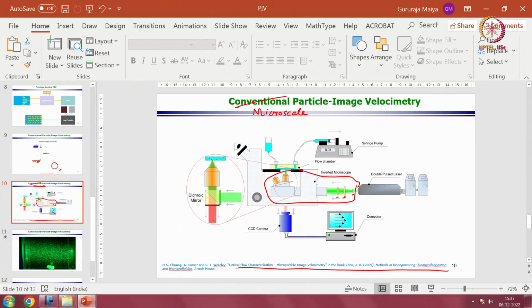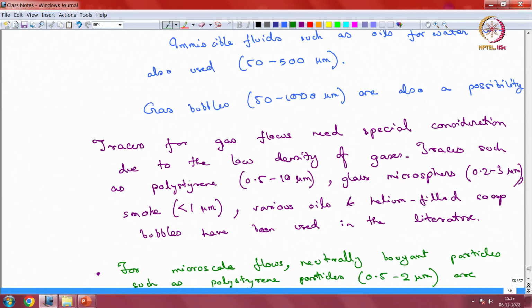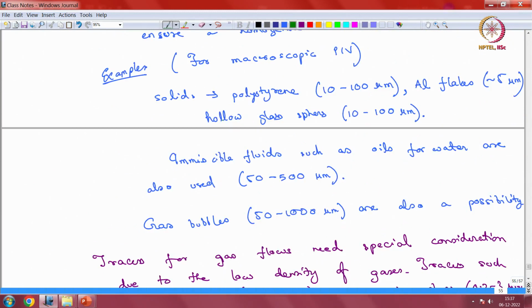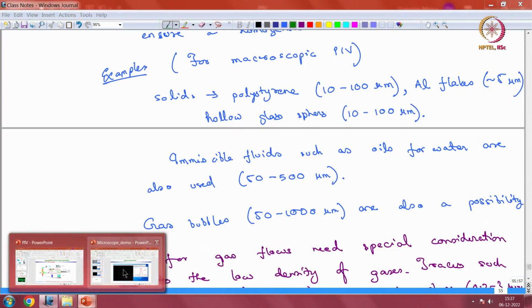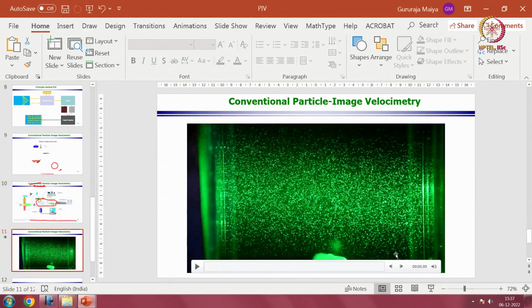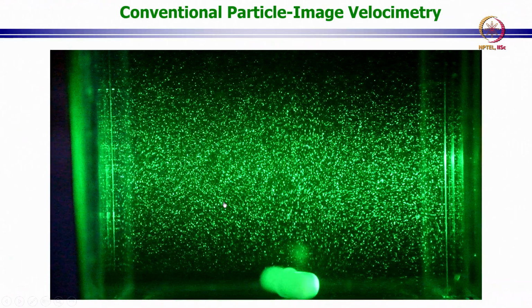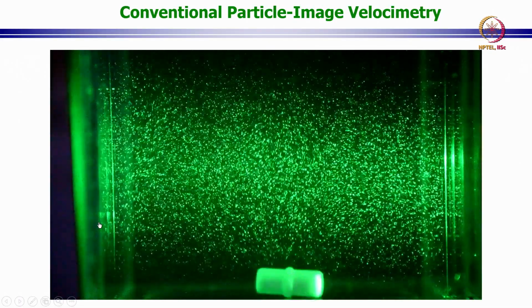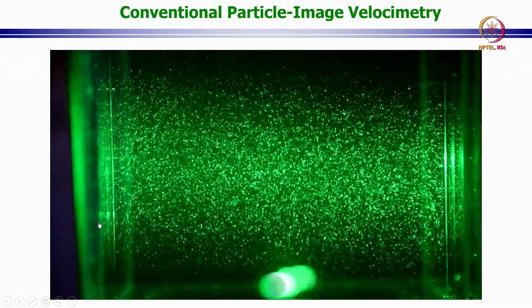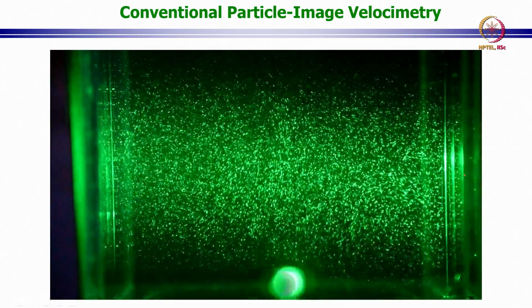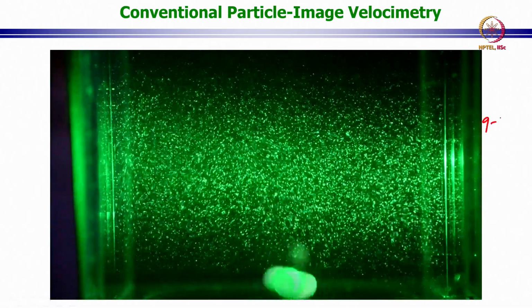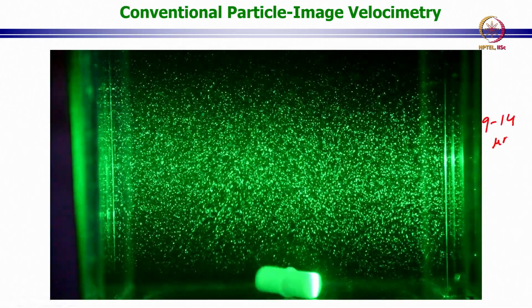So, now I will contrast this. Here we said that hollow glass microspheres are used for macroscopic PIV. If you recall this particular video, which you have already seen, this is a flow. These are hollow glass spheres of the order of some 9 to 14 microns.